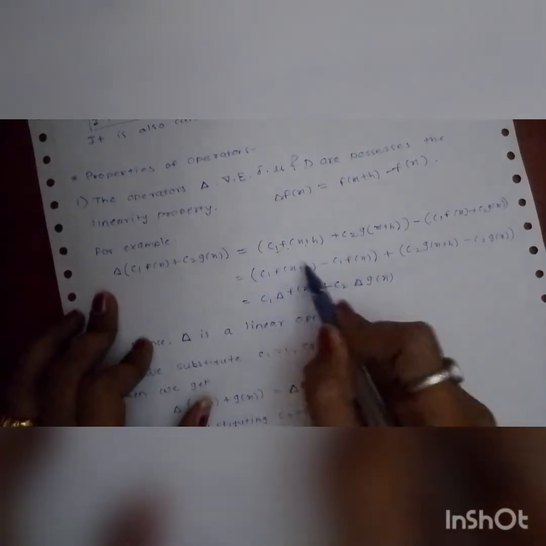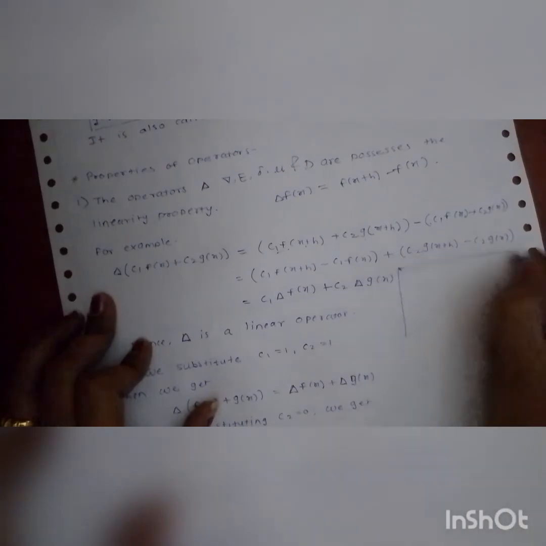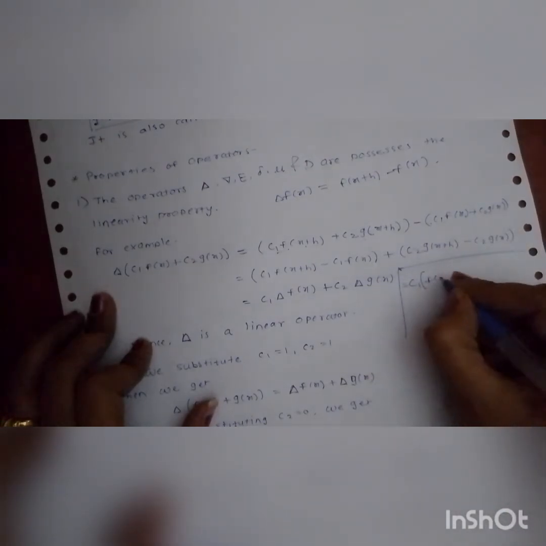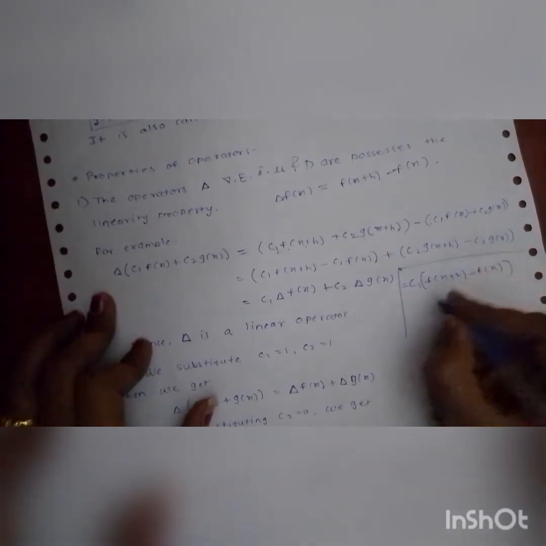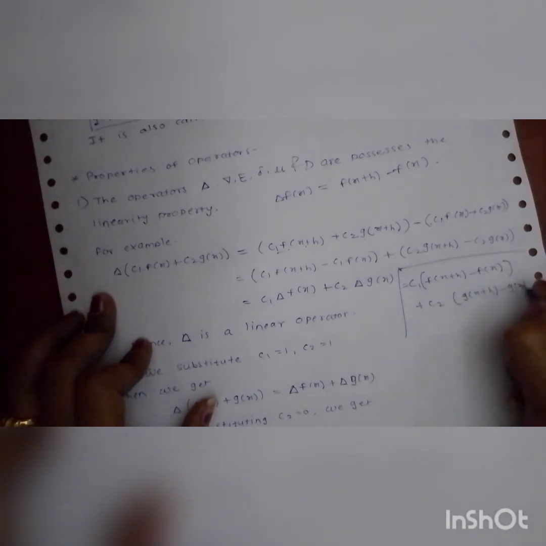If we take the common factors here, we get c1 in a bracket f of x plus h minus f of x plus c2 in a bracket g of x plus h minus g of x.